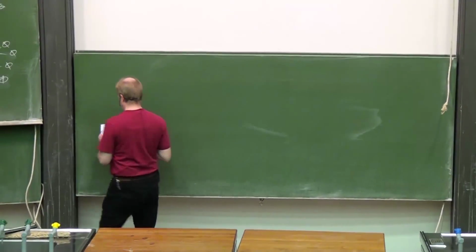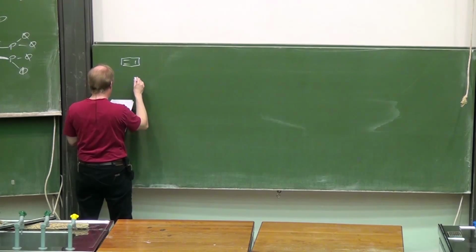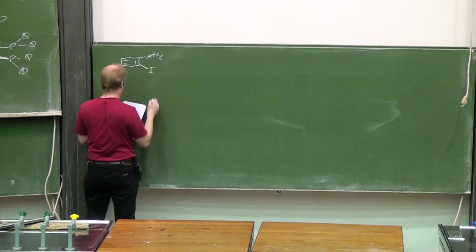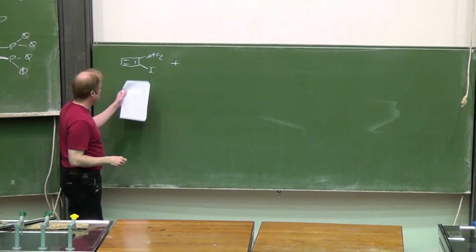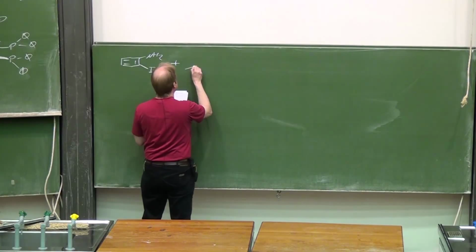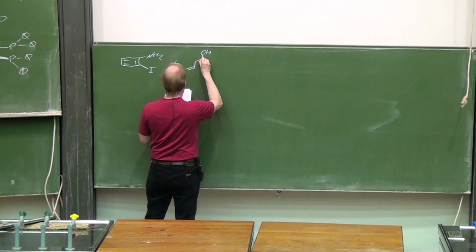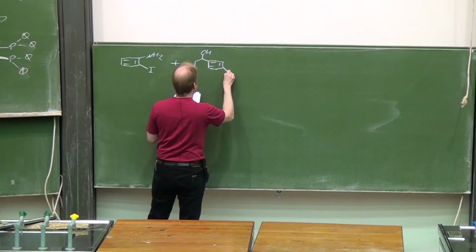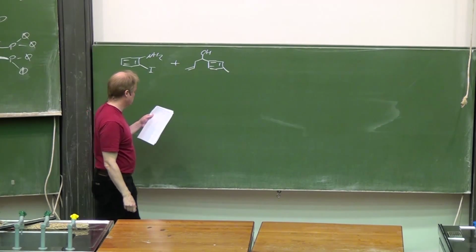please think about what will be the results of the following reactions. Iodoaniline plus a homoallylic alcohol.